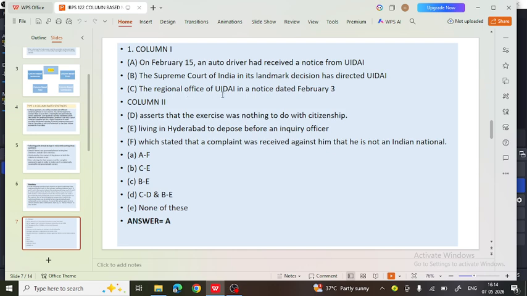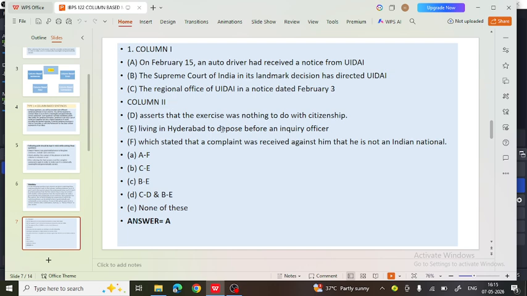Now let's see the next one. The regional officer of UIDAI in a notice dated February 3 asserts that the exercise was nothing but to do with the citizenship. So grammatically it can be joined, but it is not giving the correct meaning here. So you cannot connect this.